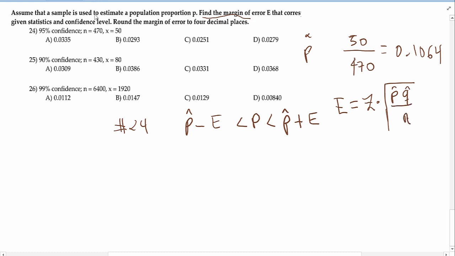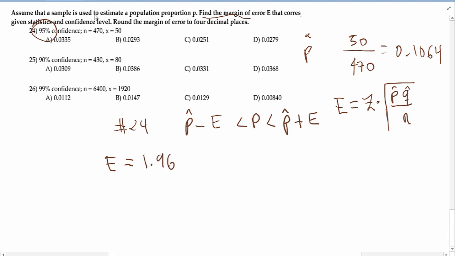All right. Now, the error is going to be the z-value that corresponds to 95% confidence. We did that in a video already. That value is 1.96.